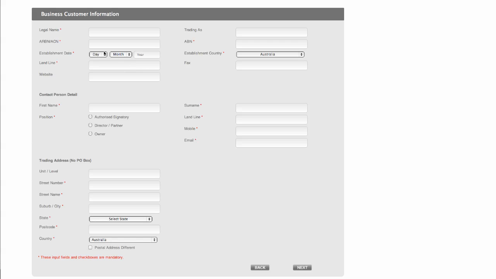They then provide information about themselves to support the fact that they're entering into a legal contract with the client who has offered the payment terms.